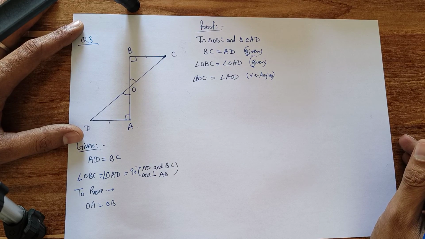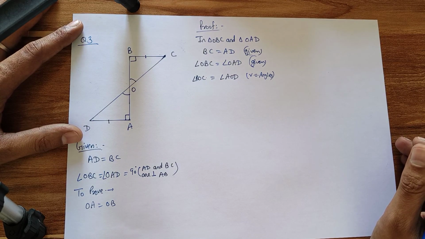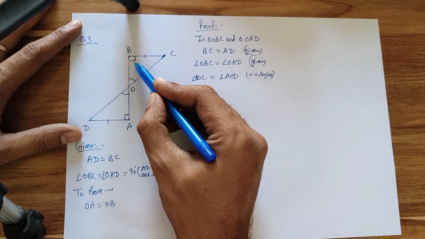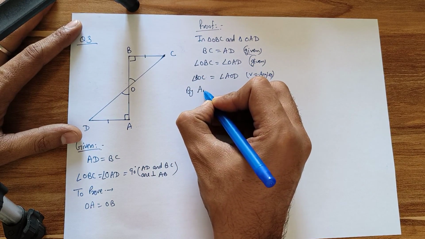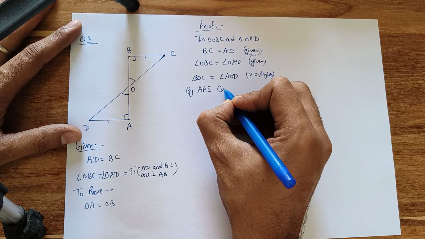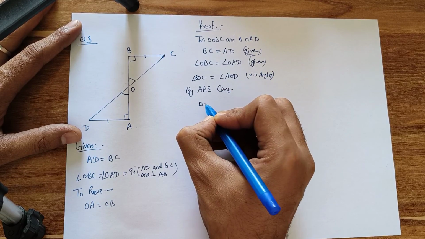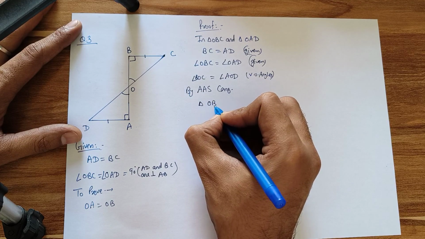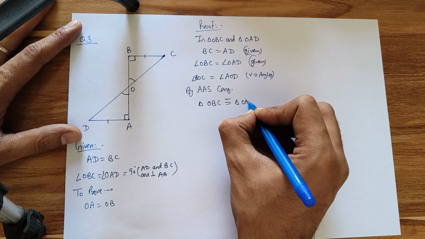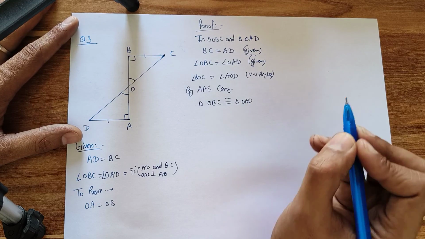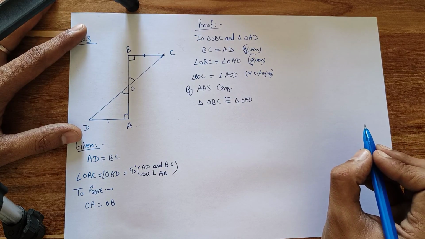Now we can apply congruency, and the name of the congruency will be angle side. So by angle side congruency, triangle OBC is congruent to triangle OAD, and we know that corresponding parts of congruent triangles are equal.